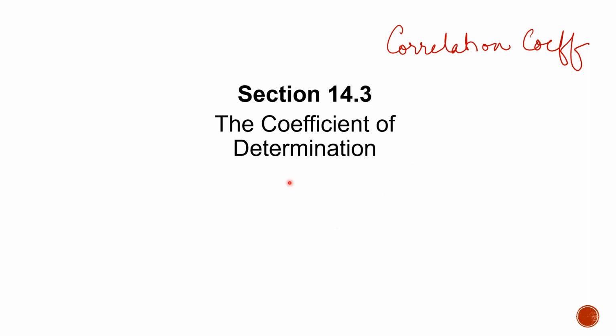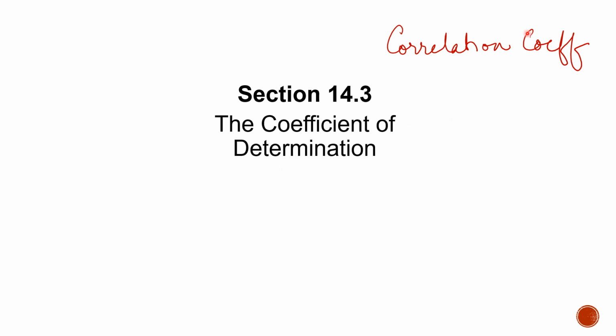Now the first one, the coefficient of determination, that we are going to discuss in the next few slides, is going to tell us how valuable that regression equation is in making predictions. Based on looking at that quantity, we can tell whether the equation is a good predictor of the Y values.